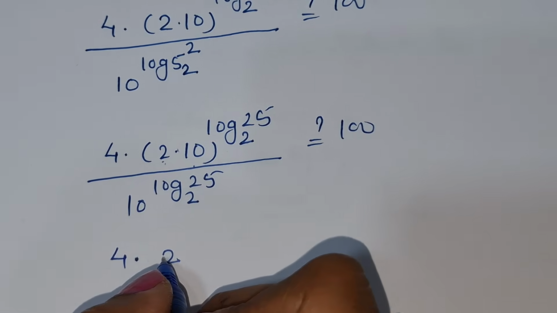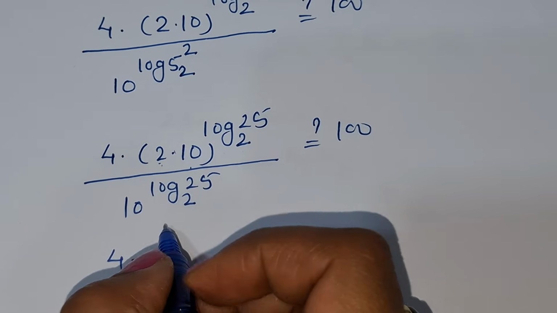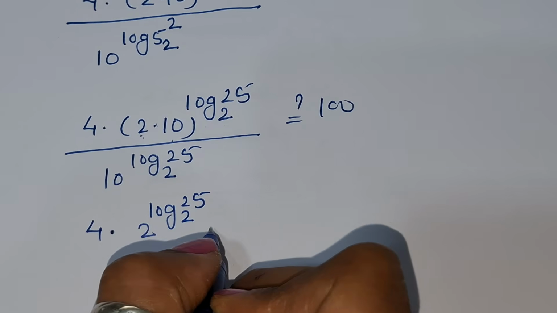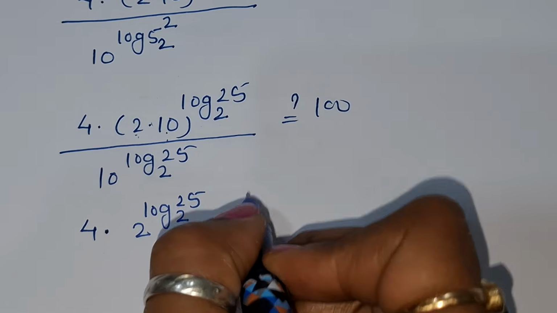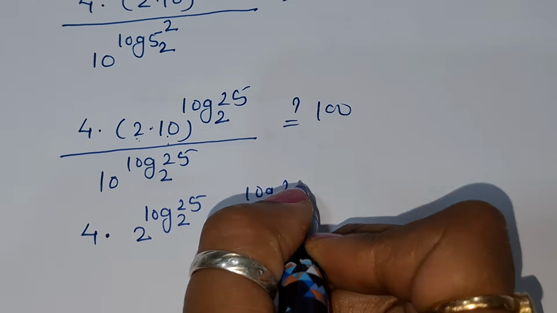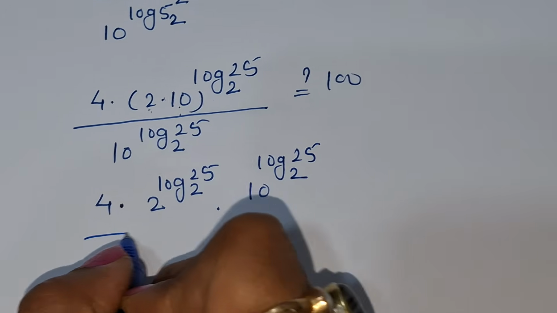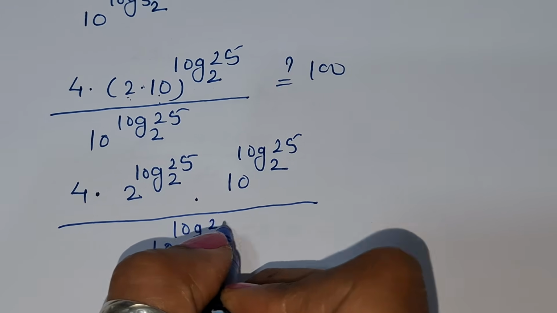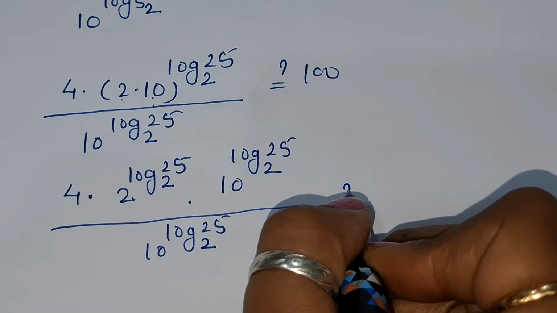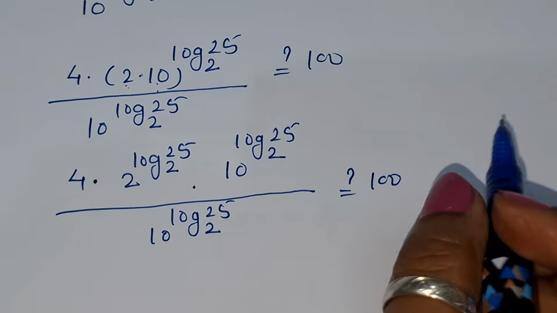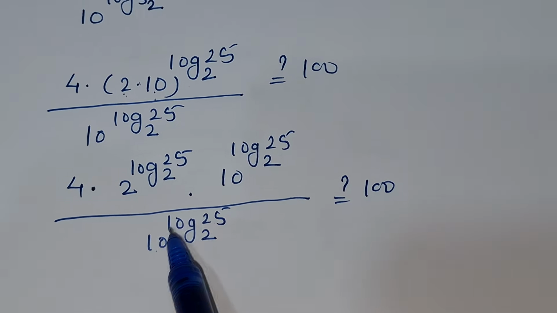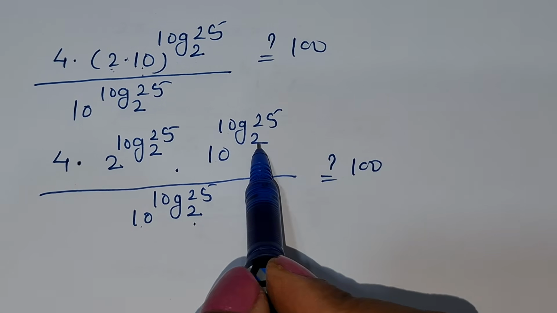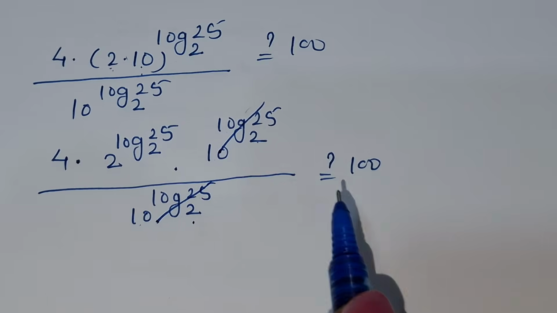So we can separate this as 2 power log of 25 to the base 2 times 10 power log of 25 to the base 2, divided by 10 power log of 25 to the base 2, question mark 100. Now you can see here 10 power log of 25 to the base 2 and here 10 power log of 25 to the base 2. So we can cancel this term here.